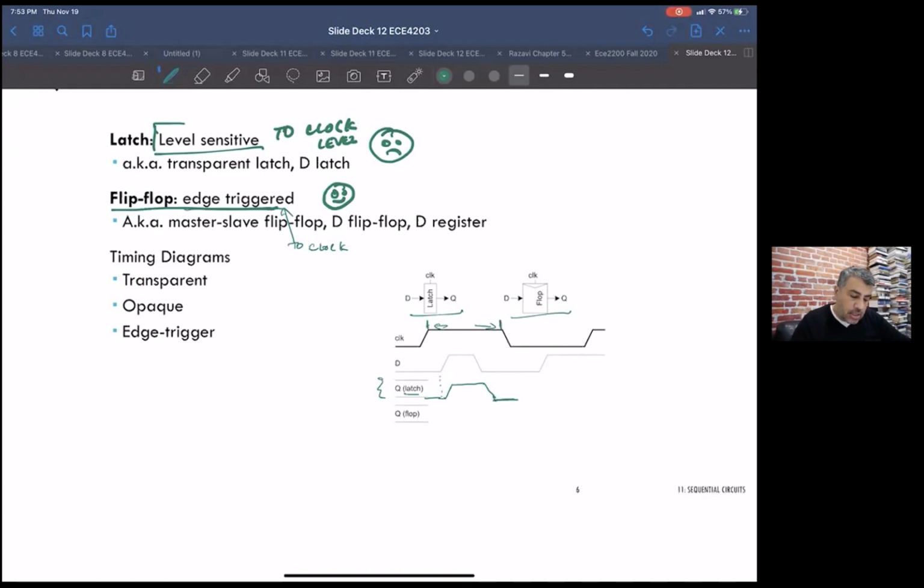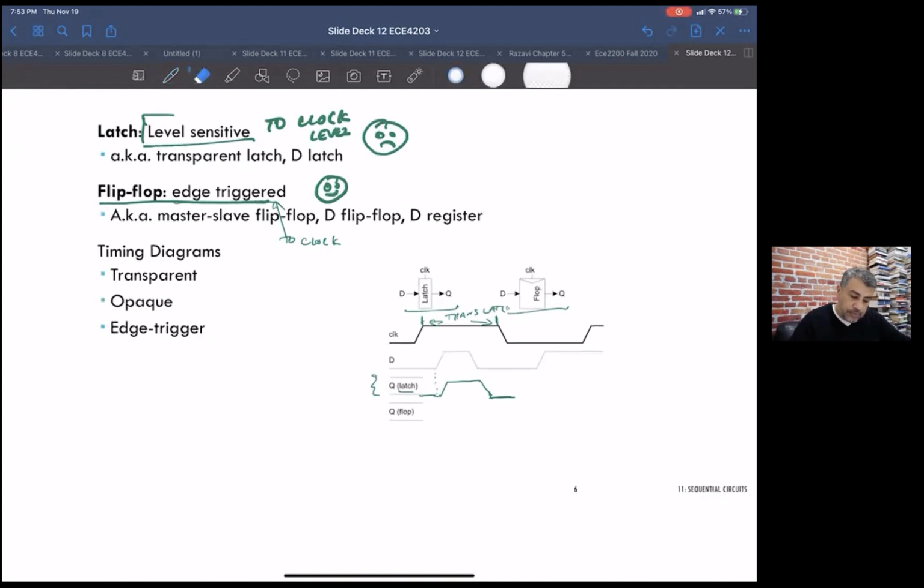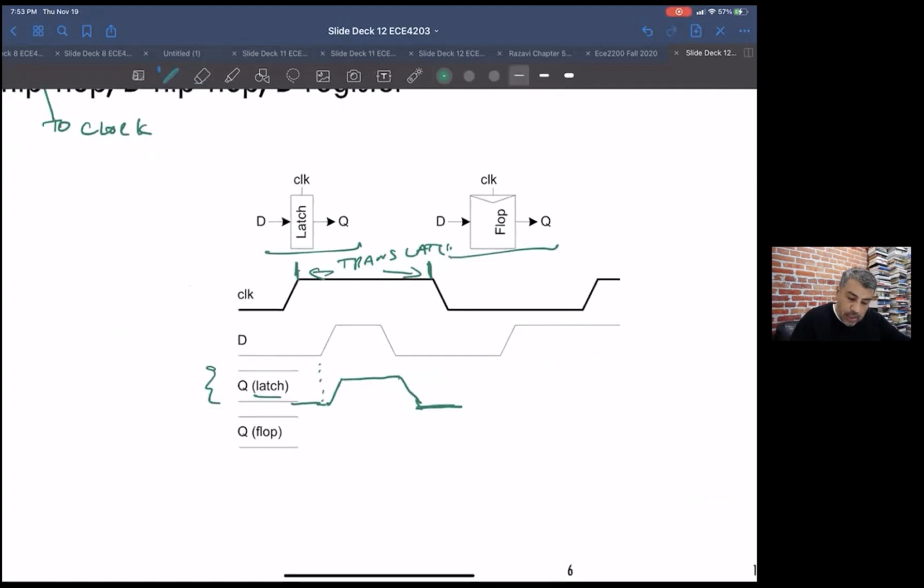So this is, I don't know, a transparent latch. But out here, notice the clock is no longer high. So in this period, you could think of the latch as opaque. It doesn't matter what D does, D can do whatever it wants, nothing happens on the latch output.